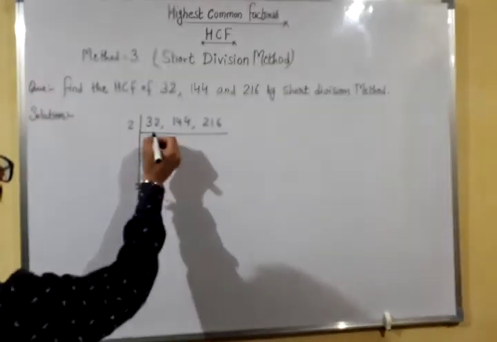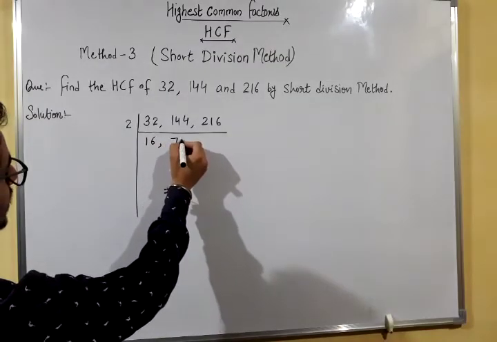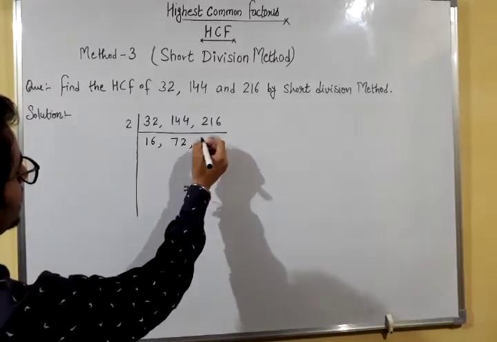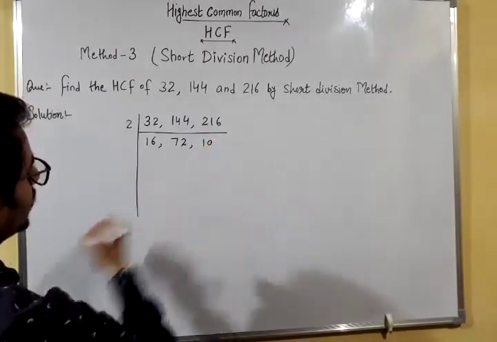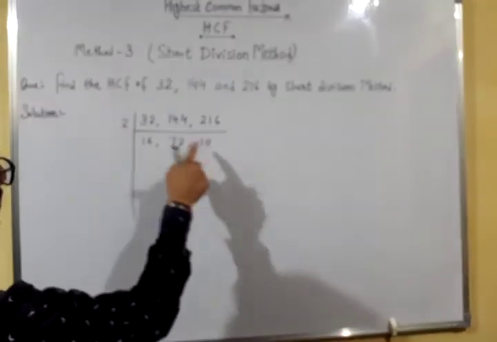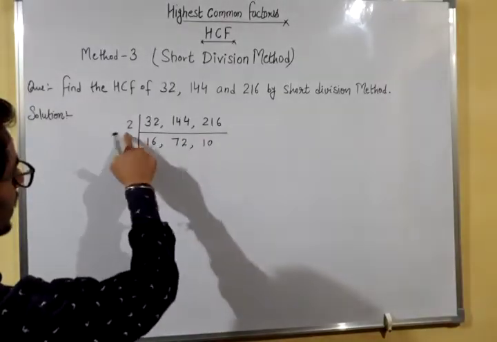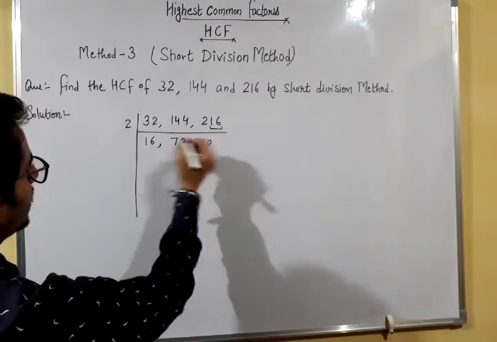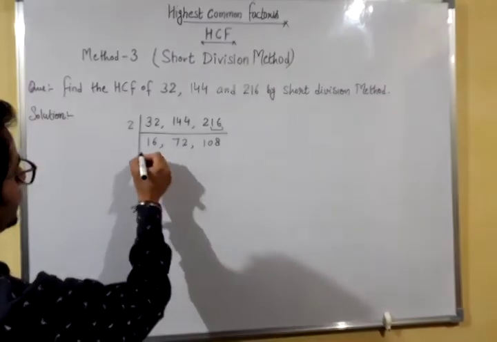2 ones are 2 and 2 sixes are 12. 2 sevens are 14. 2 twos are 4. 2 ones are 2. We cannot divide 1 by 2, therefore we will write 0 here, and now we will divide 16. 2 eights are 16.